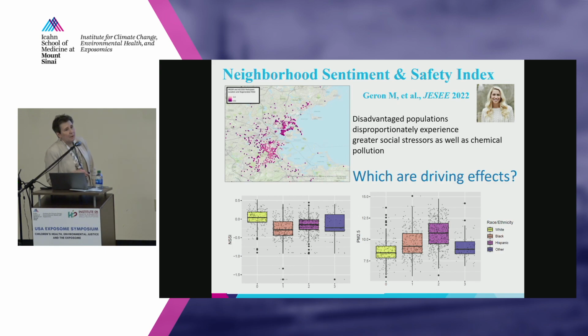And here's a paper that one of our colleagues, Mariel Guerin, has mapped for us. She's looked at both, on the right-hand side, PM 2.5 level exposure based on race, ethnicity, white in the yellow, black in the orange, Hispanics in the pinkish, and then the other category there.